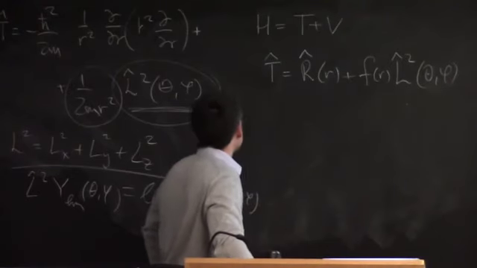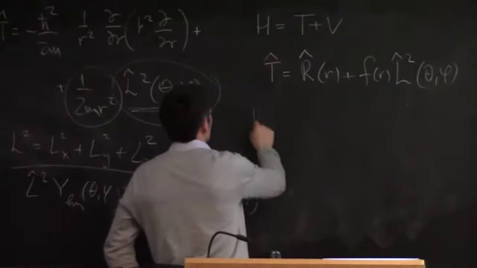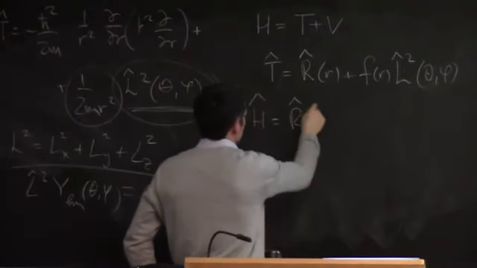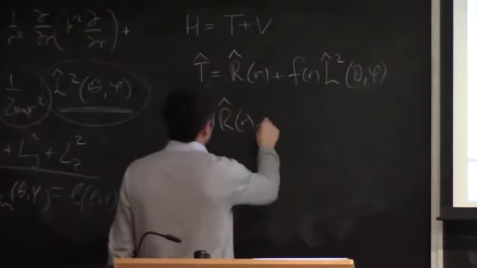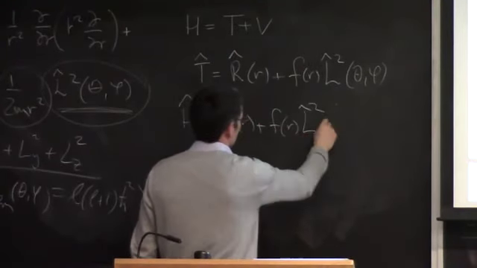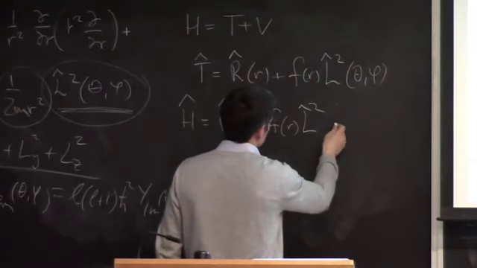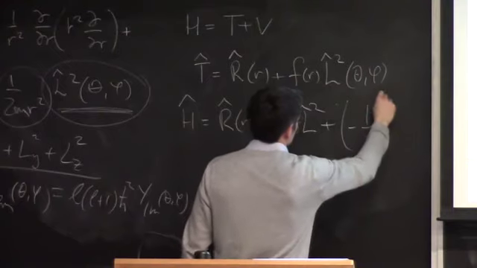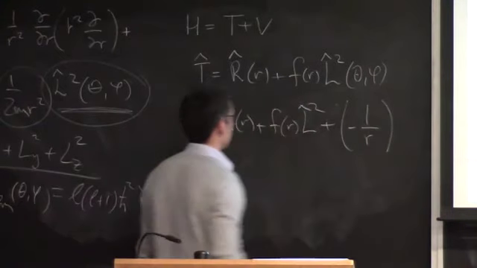Okay? Now the total Hamiltonian will be then the radial operator plus a function times L squared plus, we can say, minus 1 over r. Right?